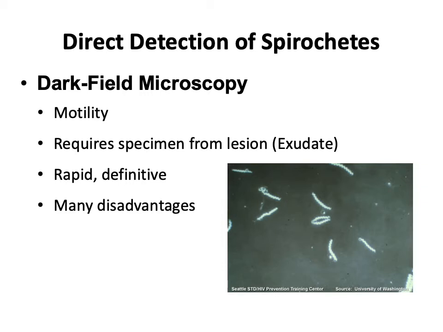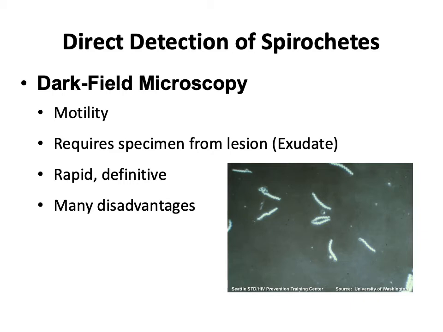Dark field microscopy has the potential advantage of making a definitive and rapid diagnosis of primary or secondary syphilis. However, there are several disadvantages to consider. Number one, it requires an experienced microscopist and specialized equipment, often not available outside of a specialized clinic.